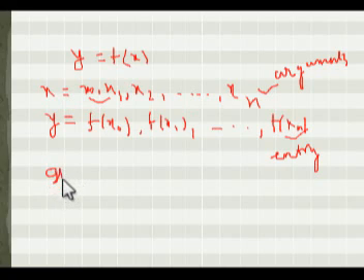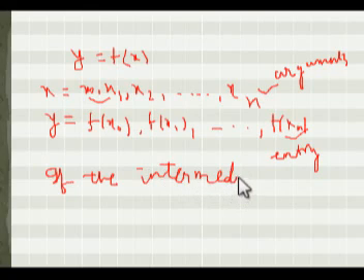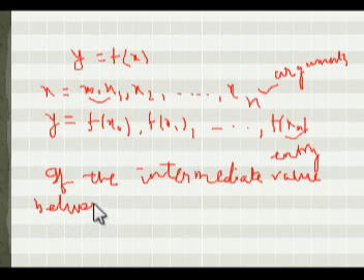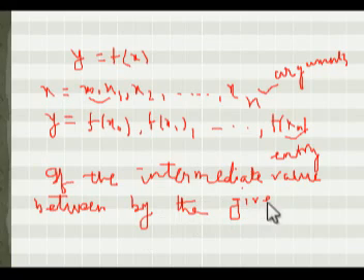If we have to find the intermediate value between arguments by the given function, then the process is called interpolation.